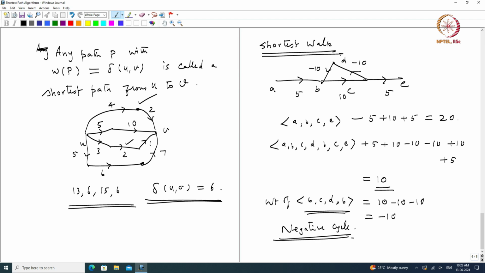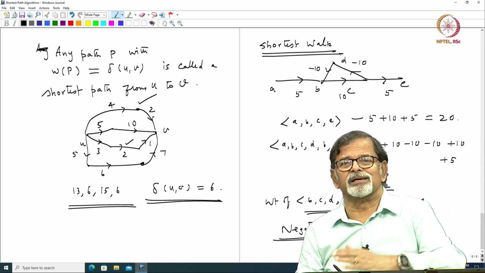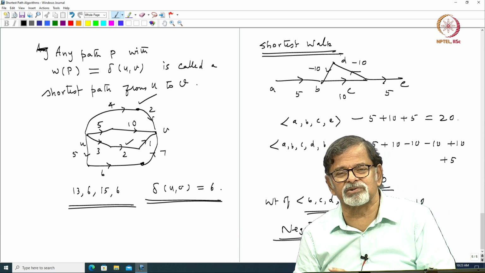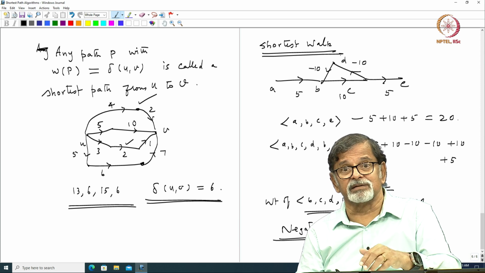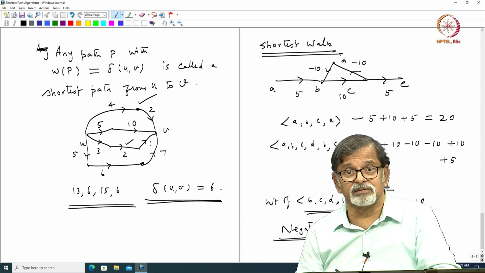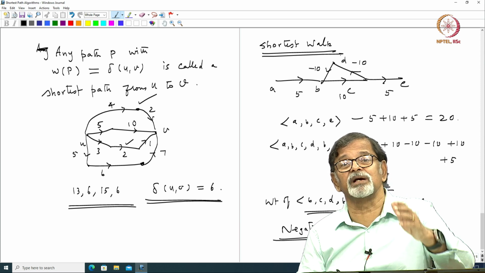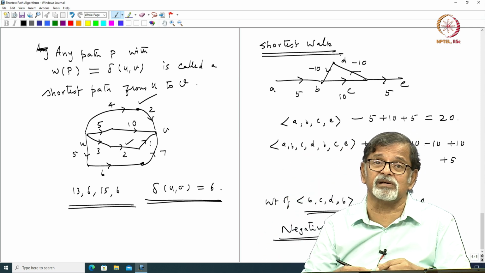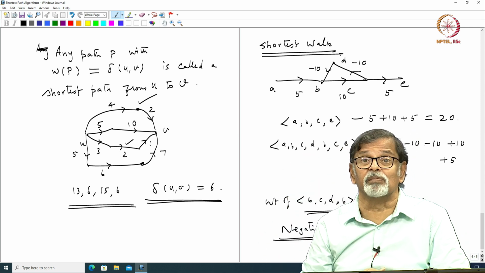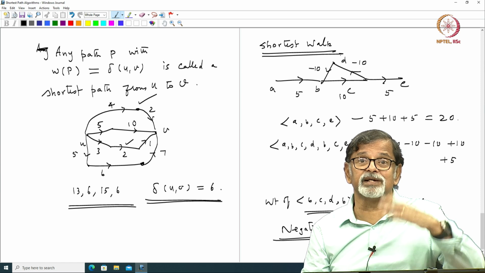You go around the negative cycle, the weight is reduced by 10. You go around once again, another 10 would be reduced. In this way, it will keep on reducing, because each visit of that cycle, since the weight of the cycle is minus 10, keeps reducing it.